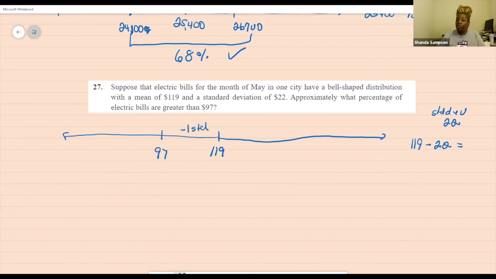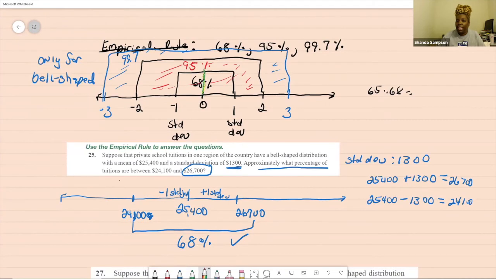When we subtract, you get 97. What you need to remember is, if you split that 68 in half, you get 34% and 34%, to give you that full 68%, 34% above and 34% below. Same thing with 95: 47.5% above and 47.5% below. How do you get that? Just divide it into two.